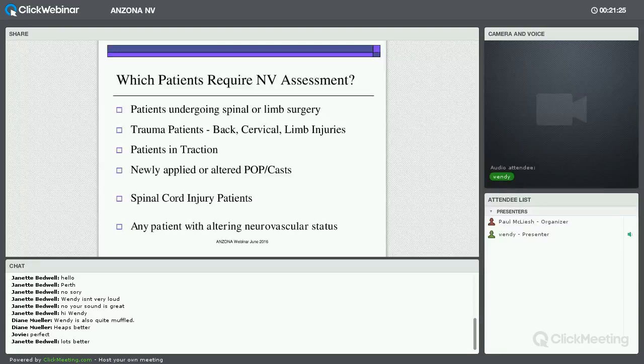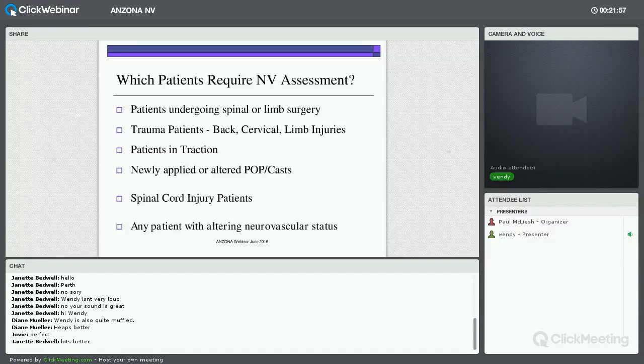Patients that have had different nursing interventions, for example patients that have newly been put into traction or the traction's been altered, are one stage where we need to keep a good eye on their neurovascular status. The traction is lengthening those compartments, as we saw in our compartment syndrome presentation last time, and if there's too much weight on it, that can cause problems with neurovascular status.